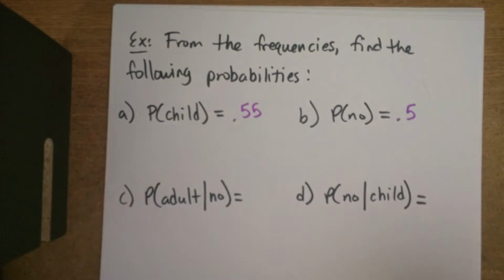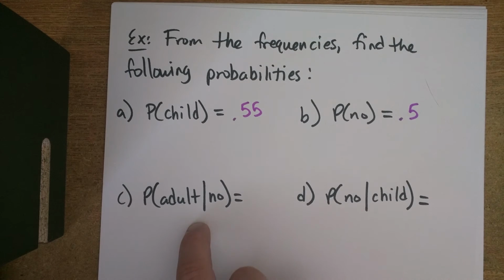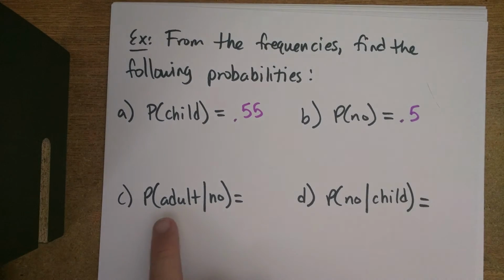Now these ones require a little more thought, so let me show you how to think about it. This says the probability, and remember we're selecting at random, of selecting an adult given that they don't like broccoli.